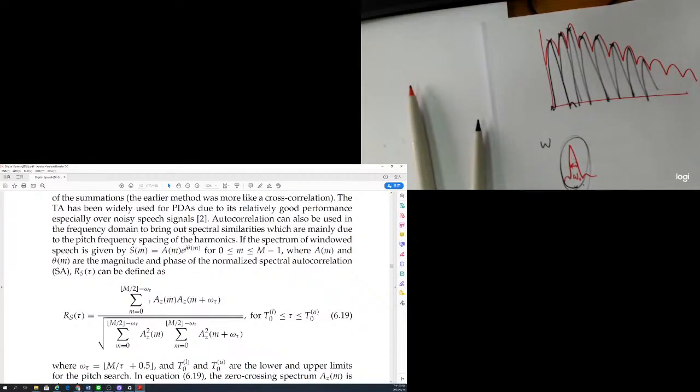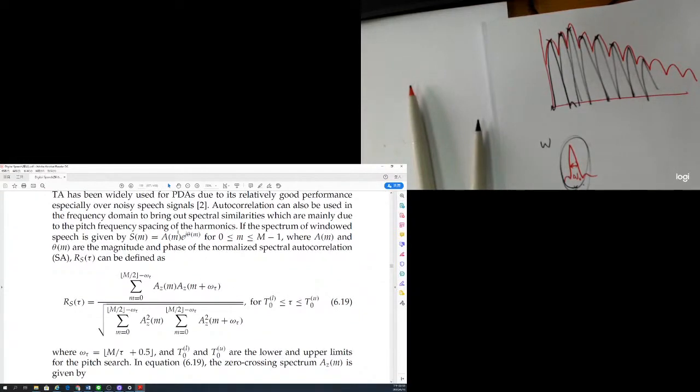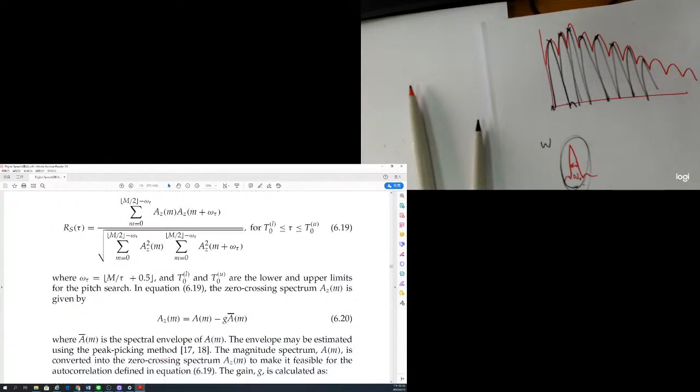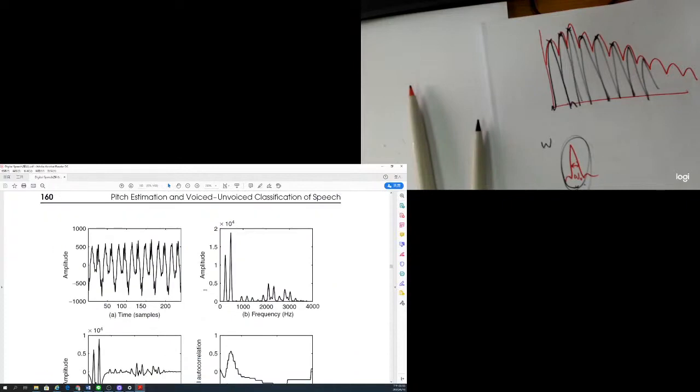Since you have many synthetic windows, we can also consider the spectrum domain autocorrelation. This one just shows what they did.